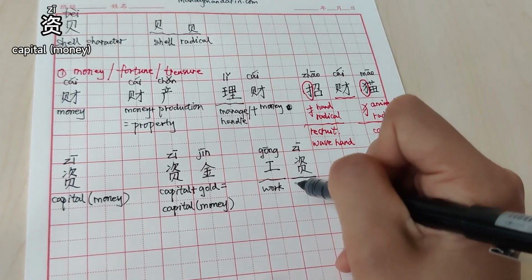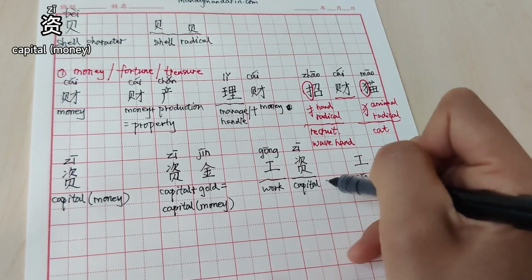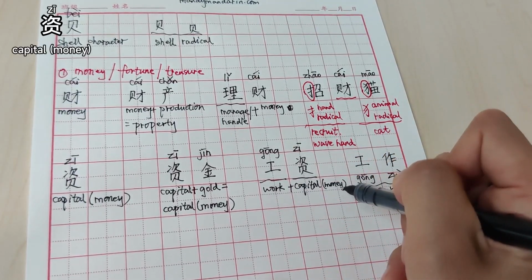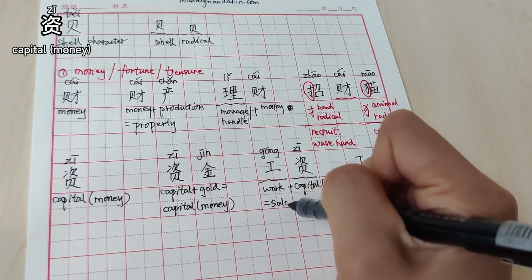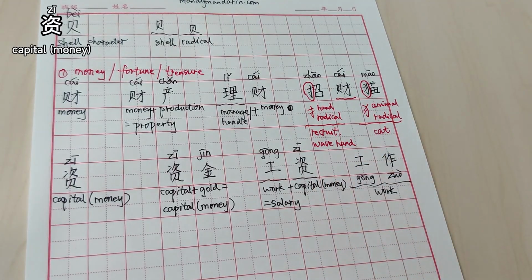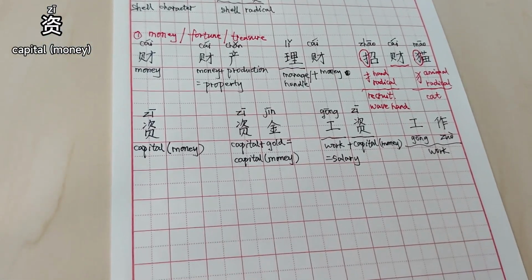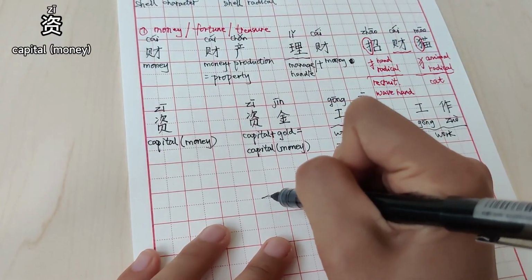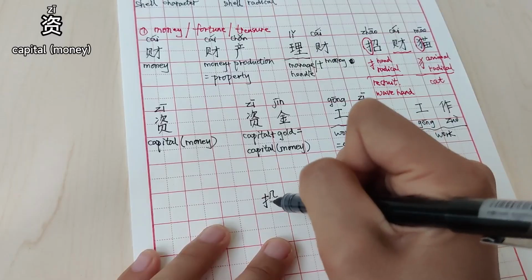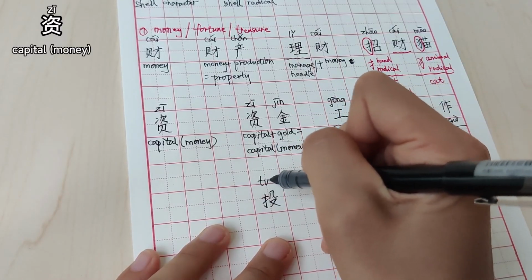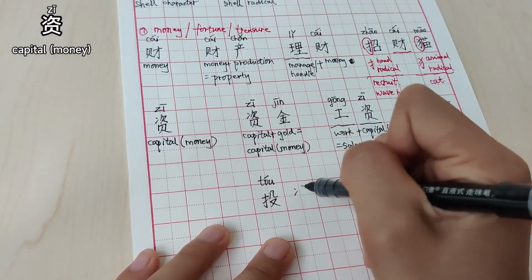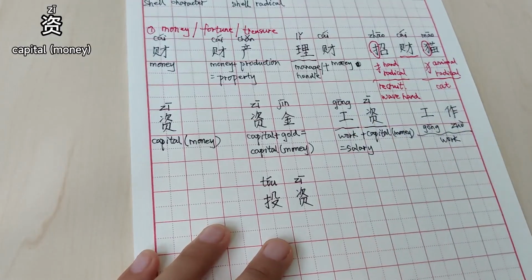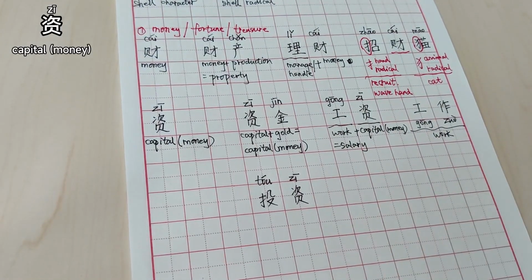And 资 is the capital. And capital means money, right? So the work money makes salary. And if you got money, if you got capital, then the next thing you can do is 投资.